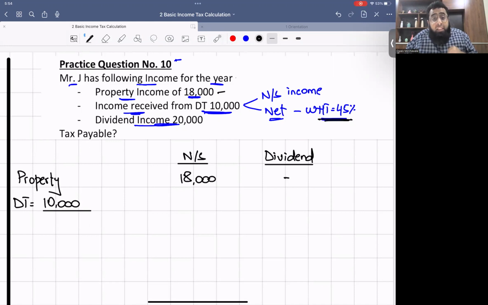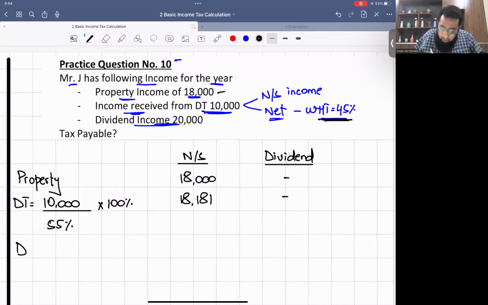So what we have received is 55%. Divided by 55 multiplied by 100. Think logically. If 45% was already deducted at source, so what you have received is 55%. 10,000 divided by 55 multiplied by 100, so it's 18,181. Okay. And then we have dividend income.